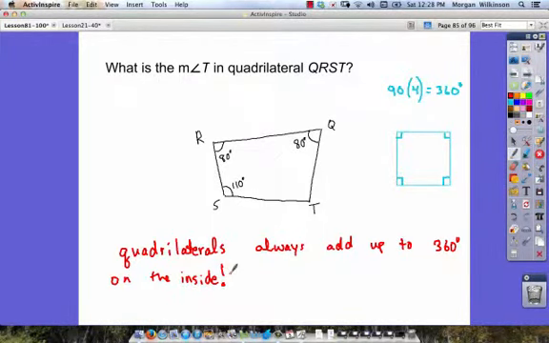We can put an exclamation point next to that one as well. Quadrilaterals always add up to 360 degrees on the inside.